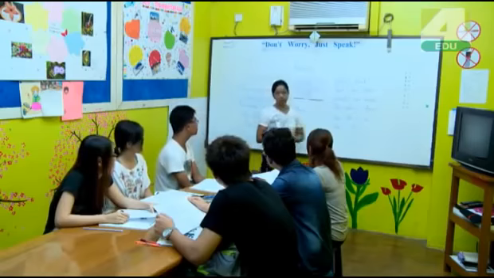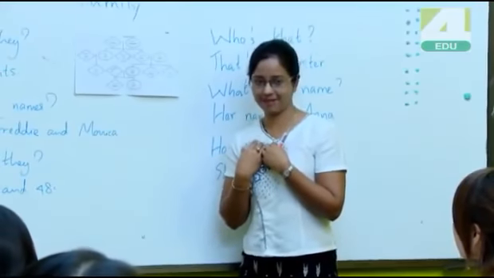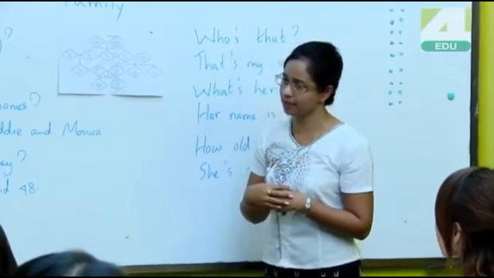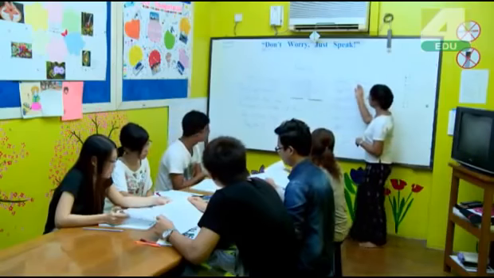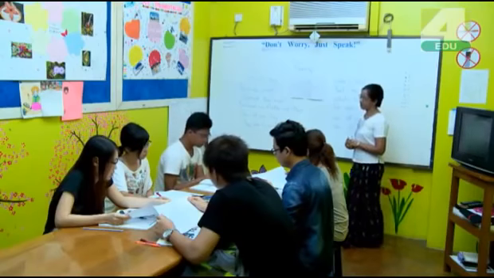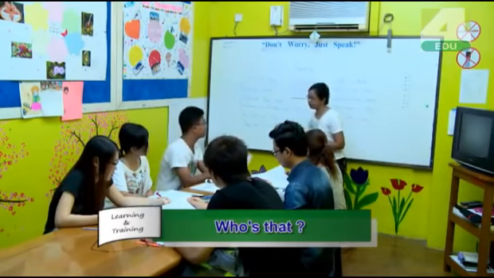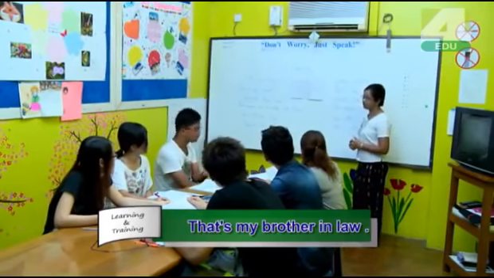Okay, so good. So now this is my family. My family, okay? So now, that's all. Can you please ask me? So look at your paper and ask me, by using this one, another person, choose another person. Show me the picture too, right? Who's that? Who's that? That's my brother-in-law.